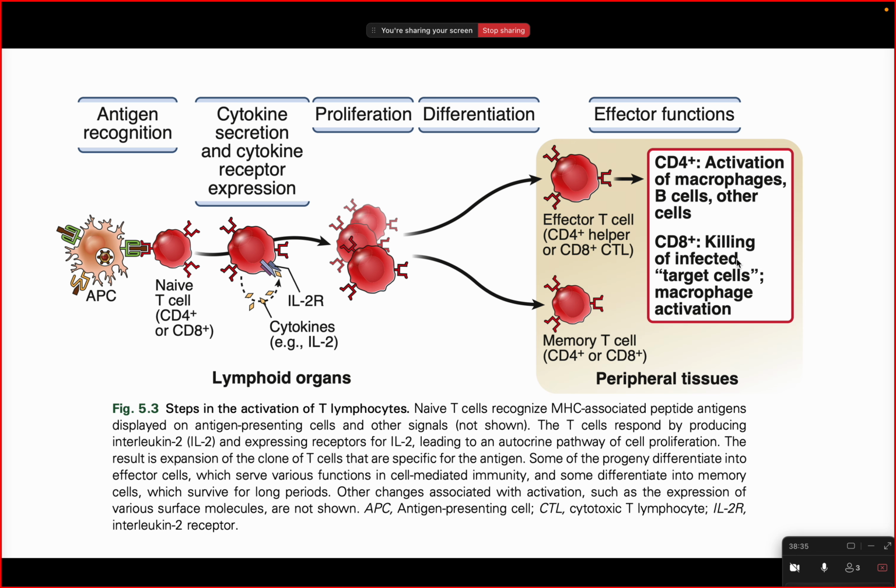Then a lot of change, by which I mean signaling. A lot of signaling will happen after the cell has recognized the antigen bound to the MHC molecule presented by the APC, leading to the decision whether to have a T helper cell or a cytotoxic T cell, or what steps to be taken.